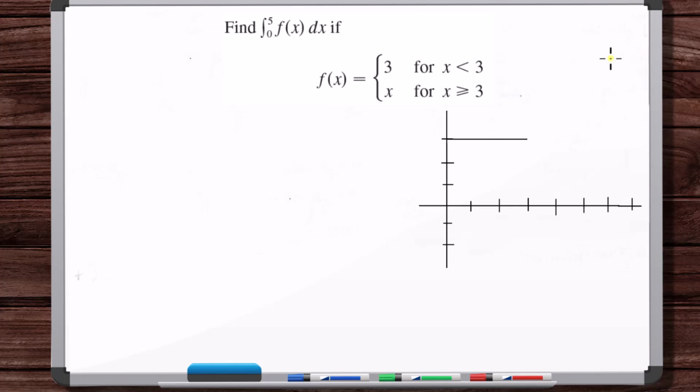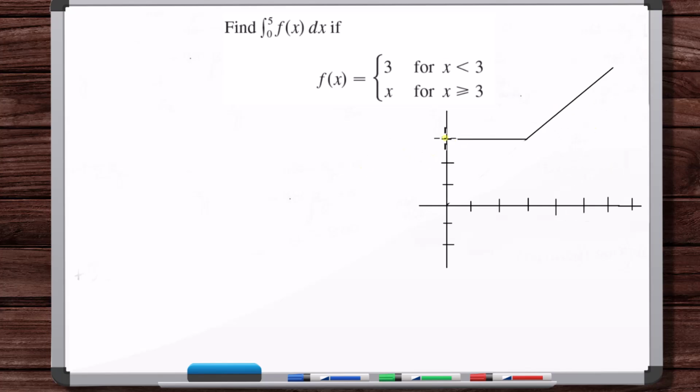And let me do it this way. Okay, like that. And then you just erase where it's outside of the domain. So this function actually is continuous. Okay, so that's the function.